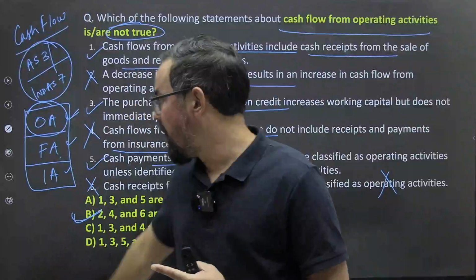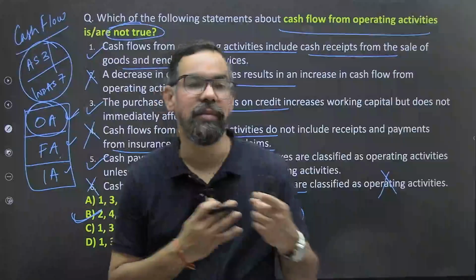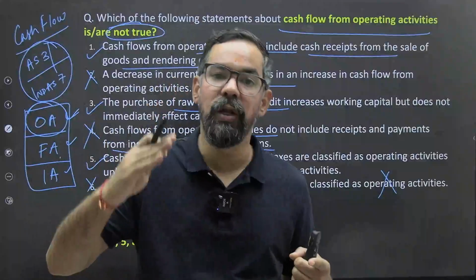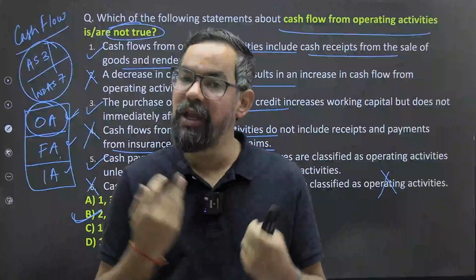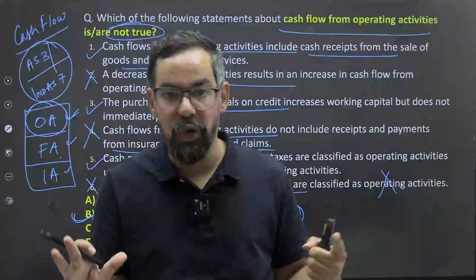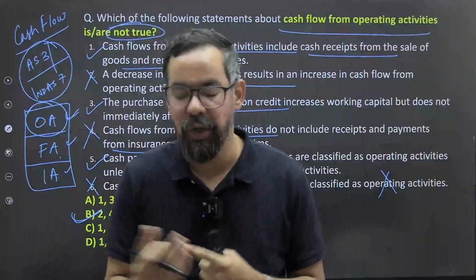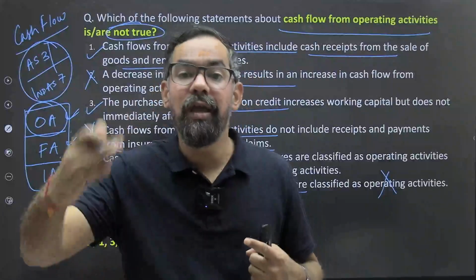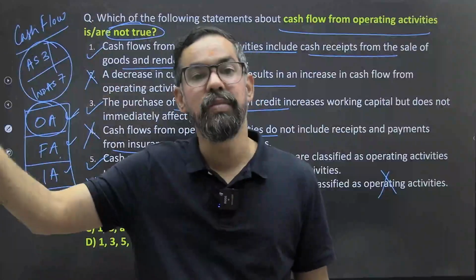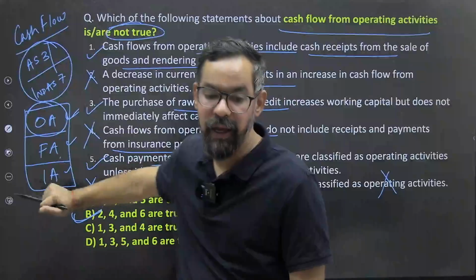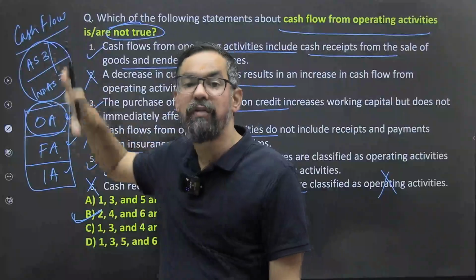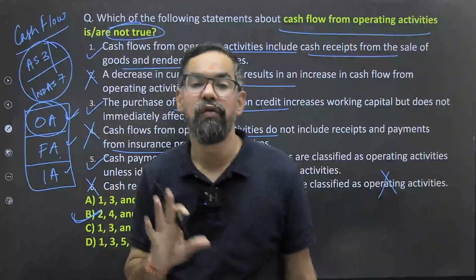Investing activities are generally related to productive capacities, like purchase of property, plant, equipment, goodwill, patents, copyrights. These are outflows from investing activities, while proceeds from sale of property, plant, equipment, goodwill are inflows from investing activities. Even investment in other companies, such as purchasing shares of another company, comes under here. And when we receive dividend, that comes under operating activity. When we pay dividend, that is an outflow from financing activity.